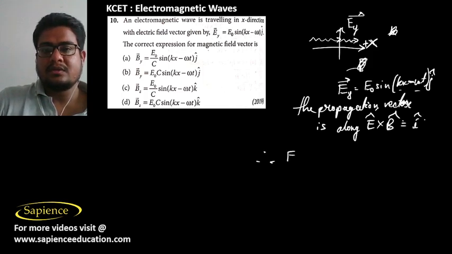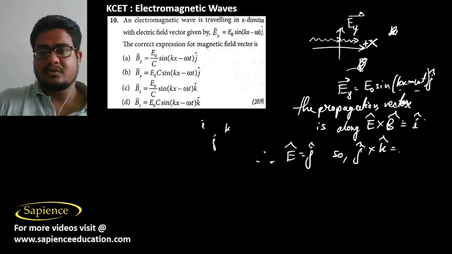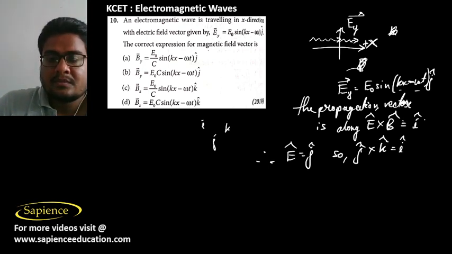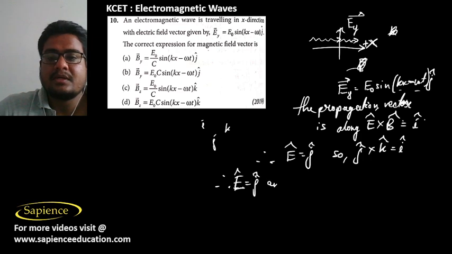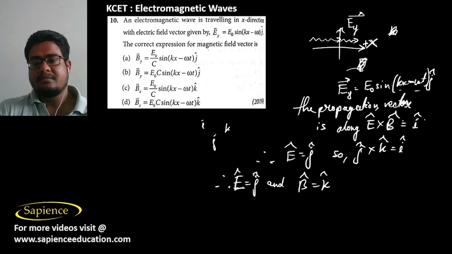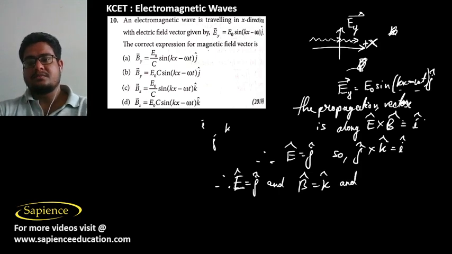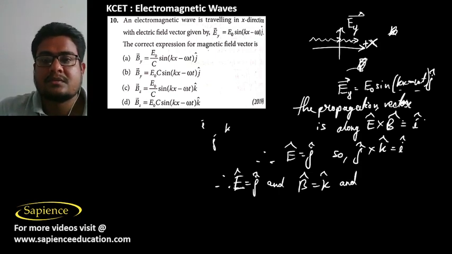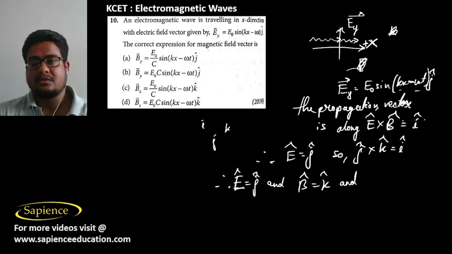Therefore, now E cap is equal to J cap. So J cap cross K cap, from I J K, J cap cross K cap is equal to I cap. So therefore, the unit vector along the electric field is J cap, and the unit vector along the magnetic field will be K cap, and the propagation vector is along I cap.